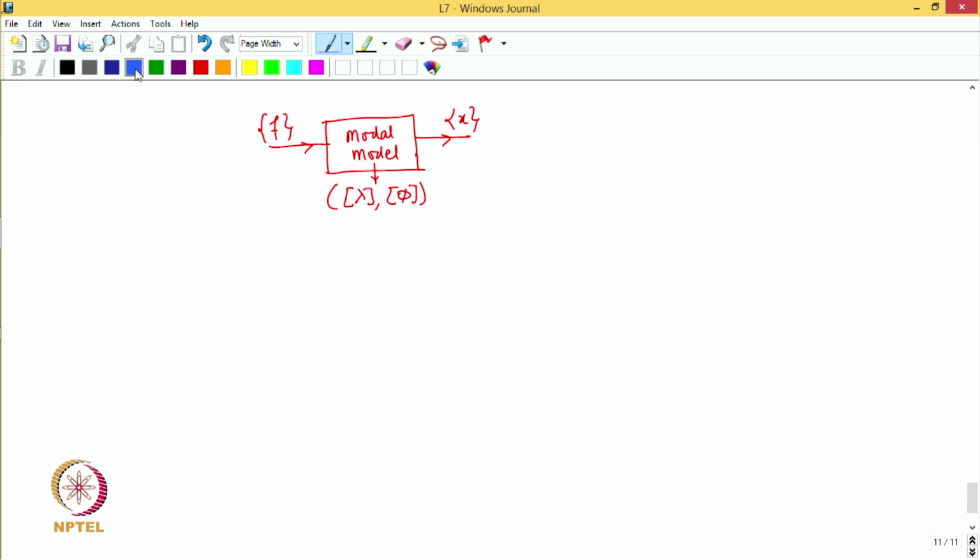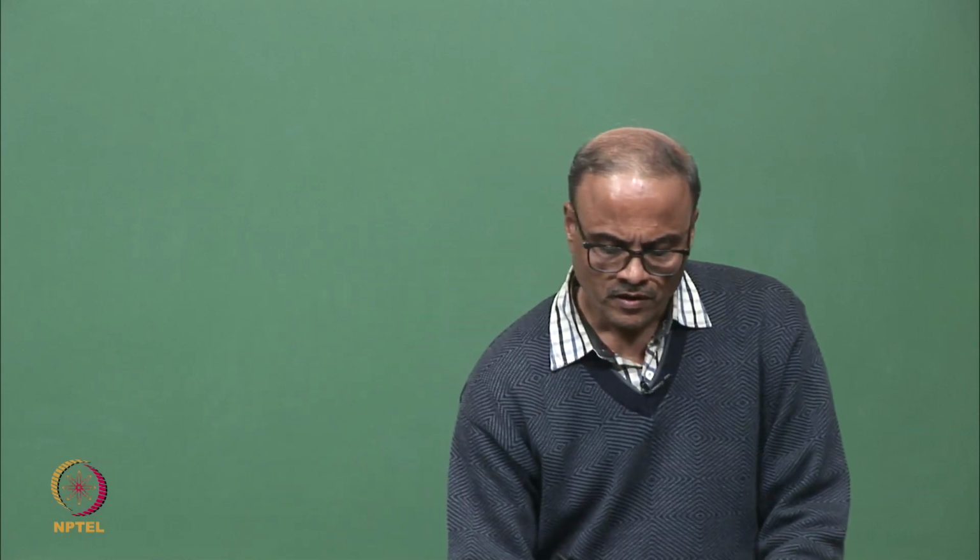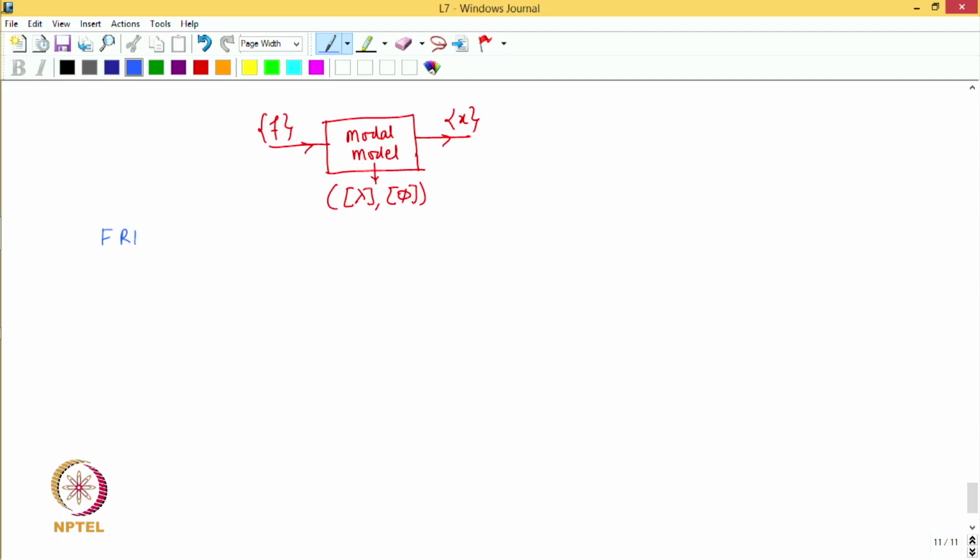Now, for a single degree of freedom system, we have defined the frequency response function. Let us try to define the frequency response function for a multi degree of freedom system. For a multi-degree of freedom system, the FRF takes the form of a matrix, right.